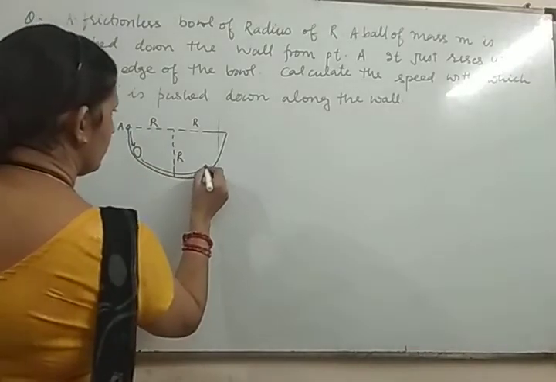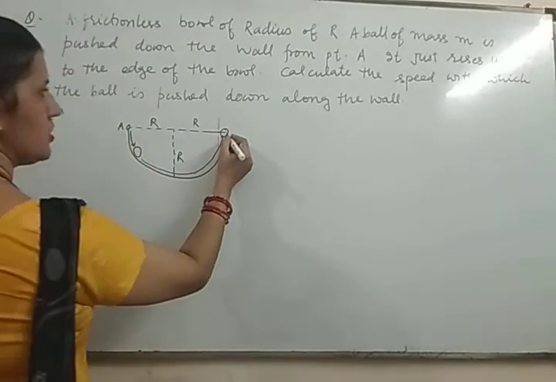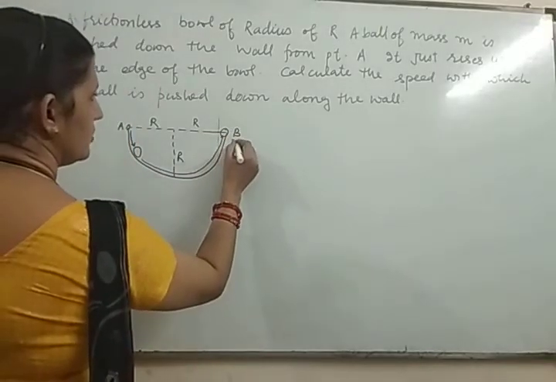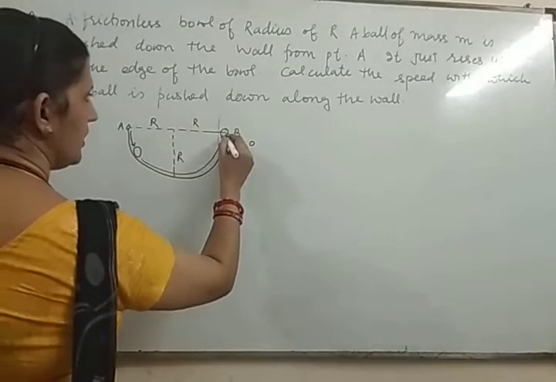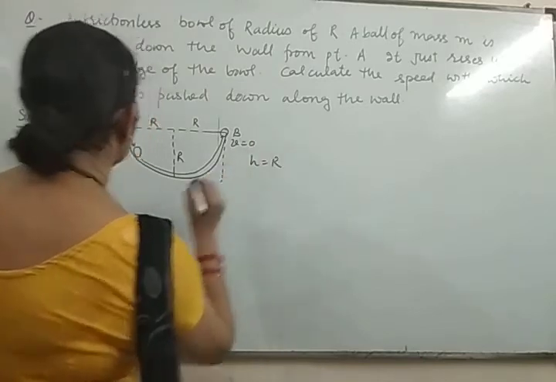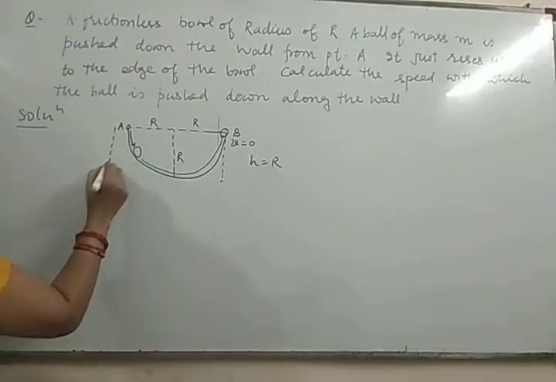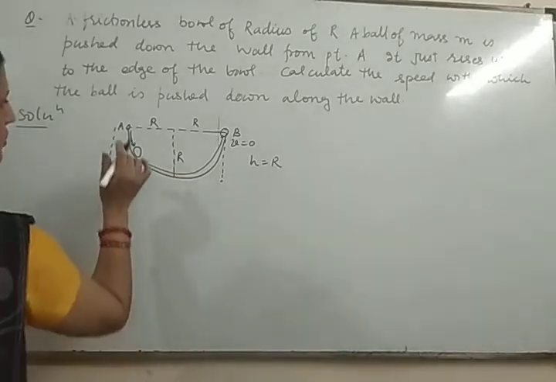This is frictionless, and at this point, this is the highest point from the B side, so v becomes 0 here. And what is the height of the ball here? The height is R. h is equal to R here. Similarly, here also h is equal to R. So what you have to do?